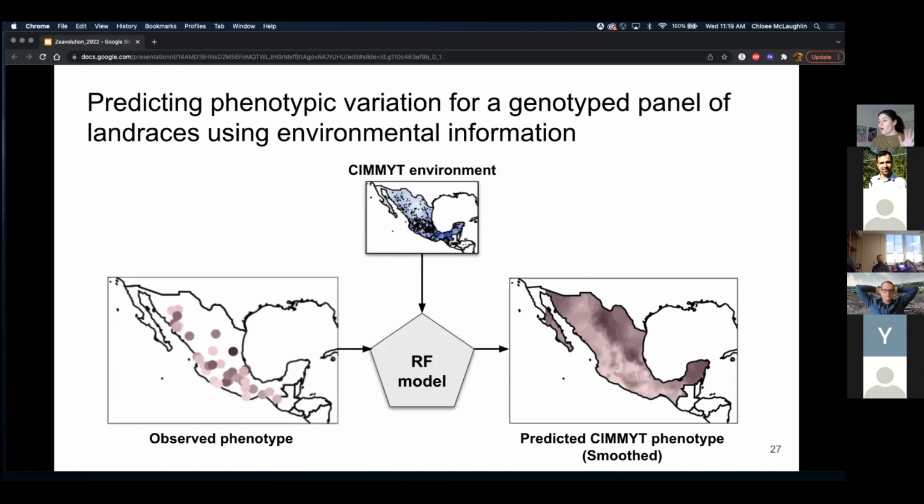This is the same panel that has coverage all the way down to South America that I think a lot of people here are familiar with. Once we have this constructed model, we can put in environmental information and predict how this phenotype would change across space. In this case, we'll stick with our example of parenchyma area.